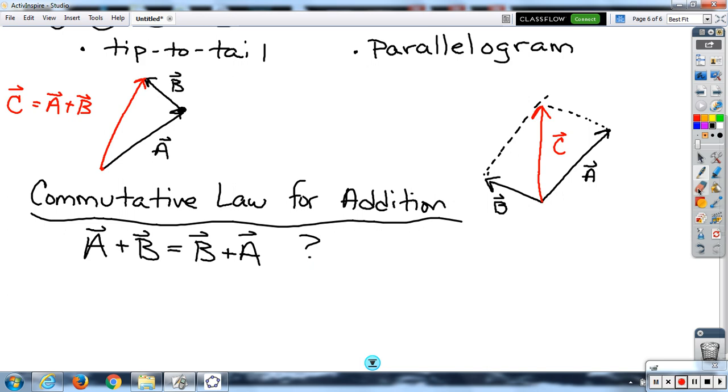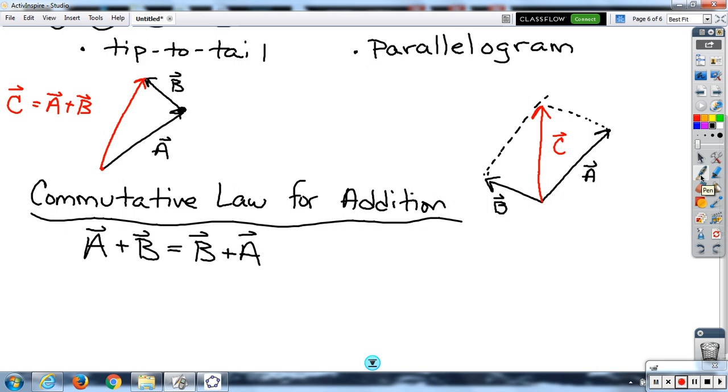But what we can do to prove that this statement is in fact true is by using a geometric form of addition and finding what B plus A would look like.